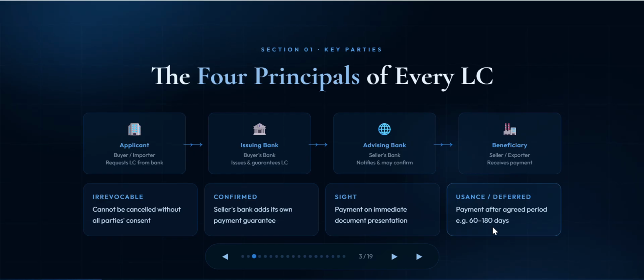But both are paid on future maturity dates. Basically, it could be 30 days, 60 days, or 180 days, depending upon the tenor stated in the credit. When I say credit, I am using credit, letter of credit, or LCs interchangeably in this presentation.